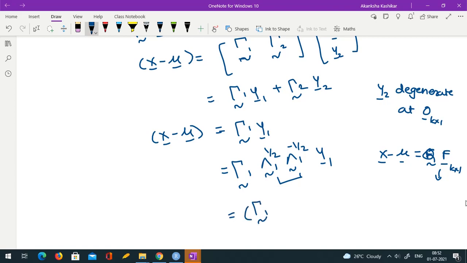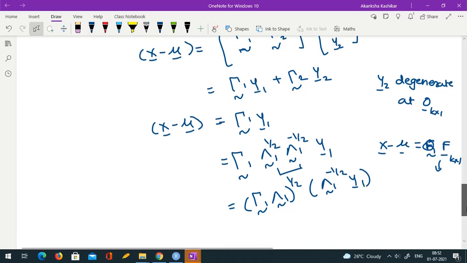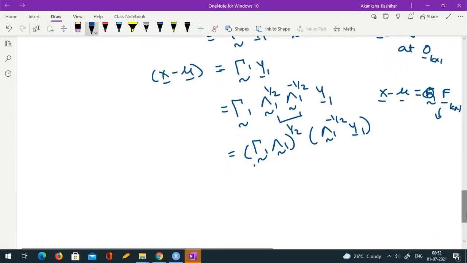But now I will regroup them in a different fashion: gamma 1 lambda 1 raised to half, times lambda 1 raised to minus half y1. Sorry, the half should be inside. So this part I will start calling Q and this part I will start calling F.